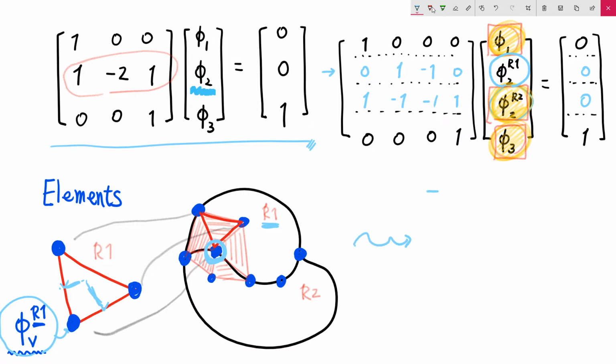After this localized construction, you will have a long Jacobian matrix, or in this case a system matrix, because the interface boundary condition is not properly assigned. After that, loop over the interface nodes. If you have a certain interface node, select which one is the representative one and which one is the non-representative one.